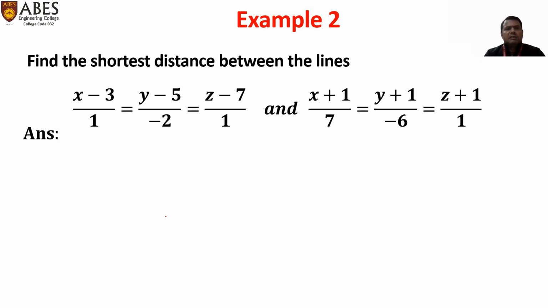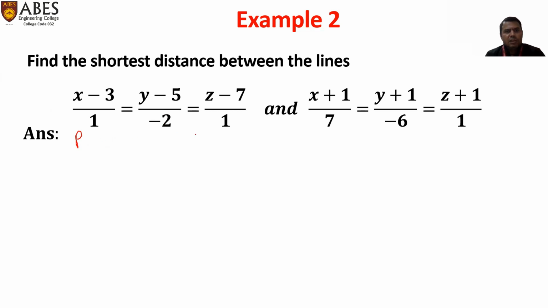find the shortest distance between the two lines. So we can find the shortest distance between the two lines. So let P be any point on given line 1.